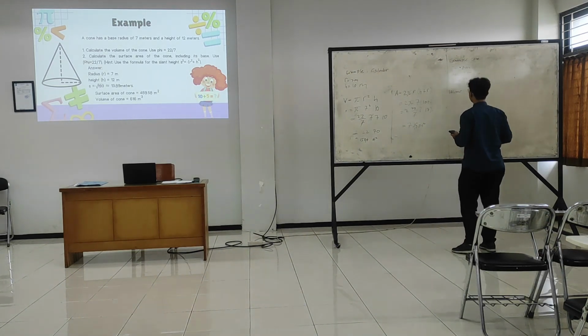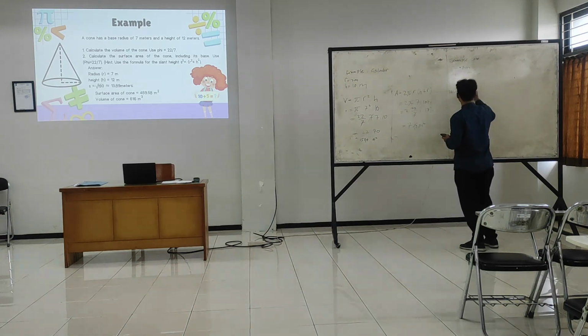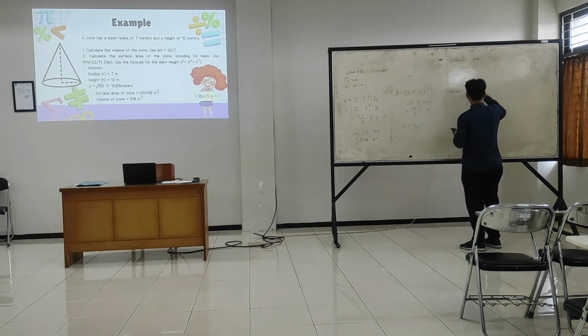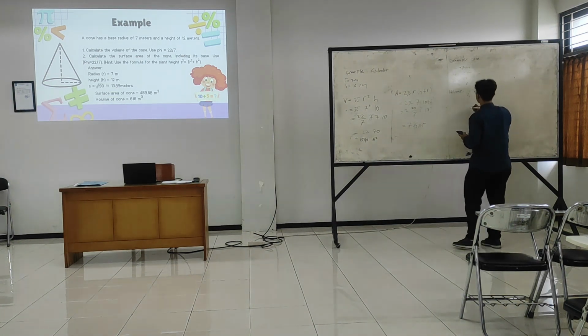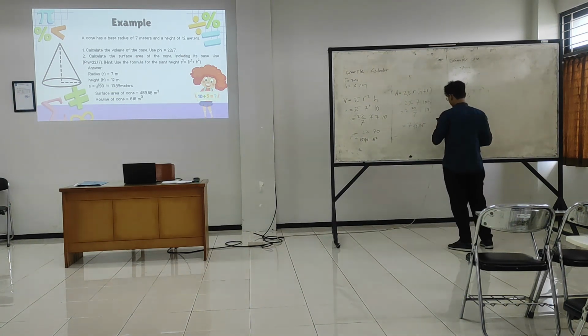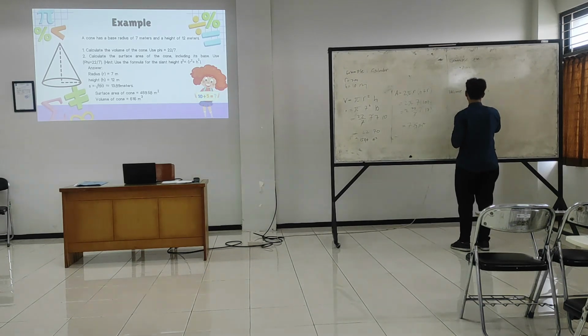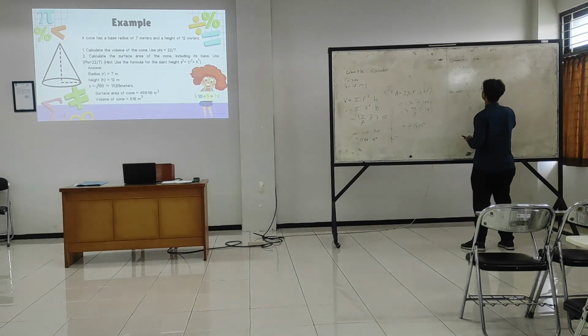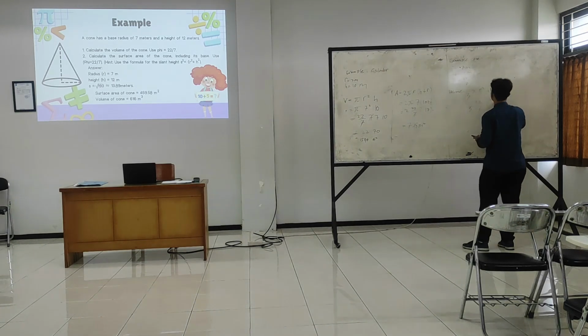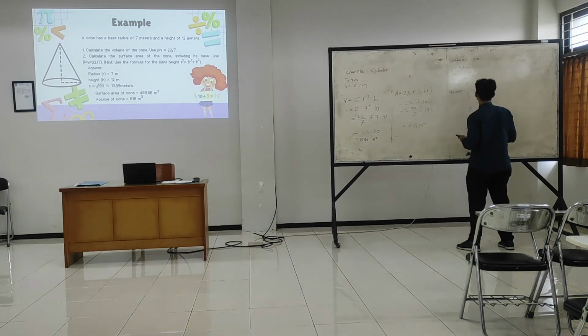We know the volume is 1/3 pi r squared times height. So the 1/3 times 22/7 times 7 squared times 12.